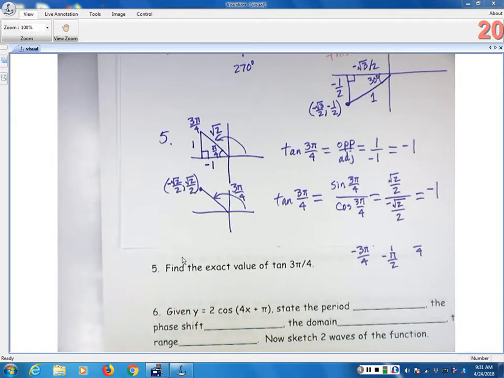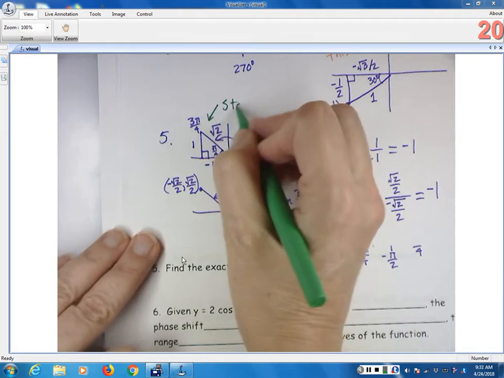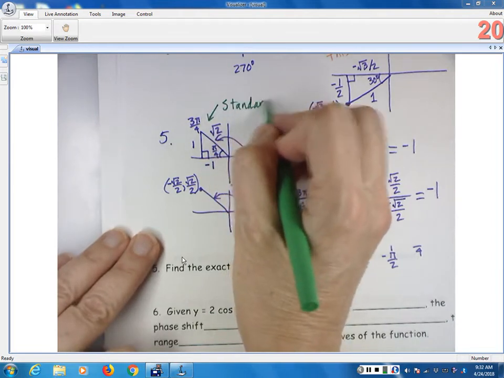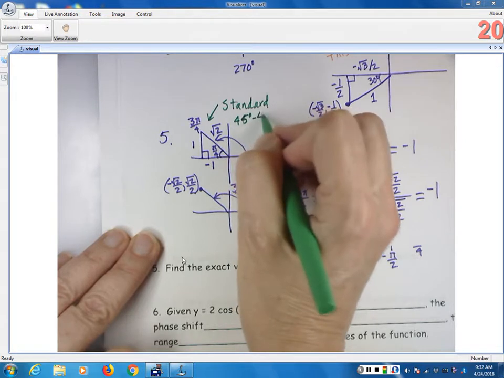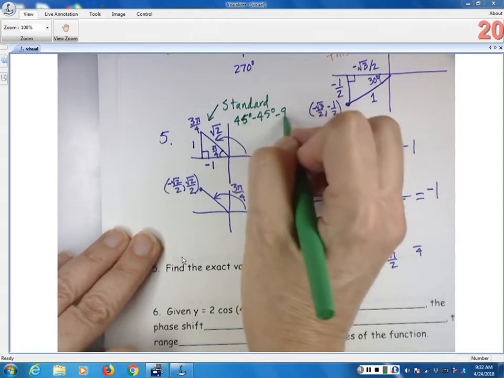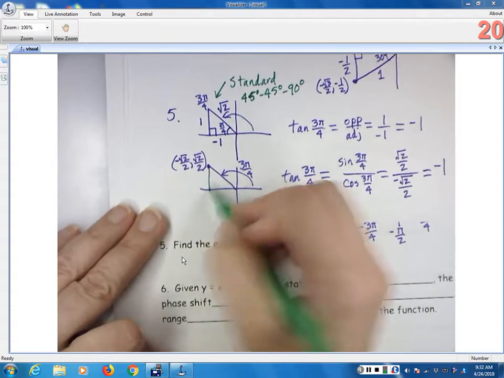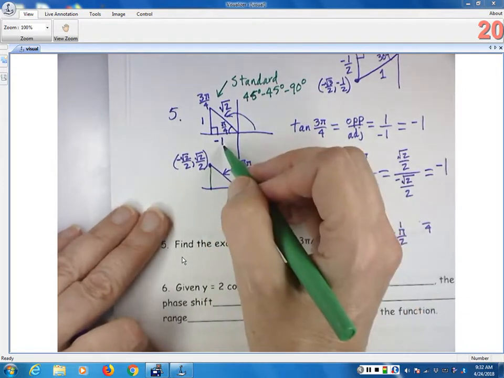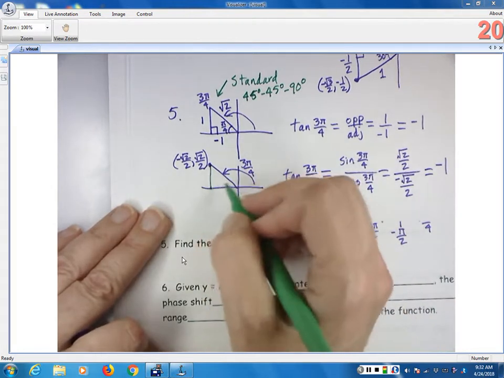So again, this is the standard 45-90 triangle. And this, you'd have to divide each of these by the square root of 2. This would be the unit circle one.